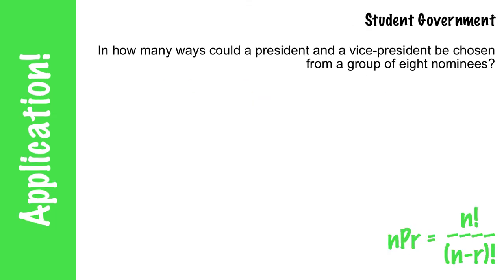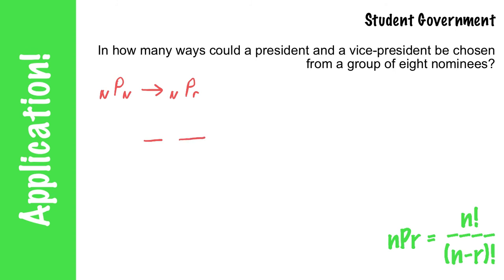In how many ways could a president and a vice president be chosen from a group of 8 nominees? So now we're taking our nPn concept and we're changing it a little bit, and it's going to turn into nPr. So in this case, we have 8 things, but we only need 2 places.